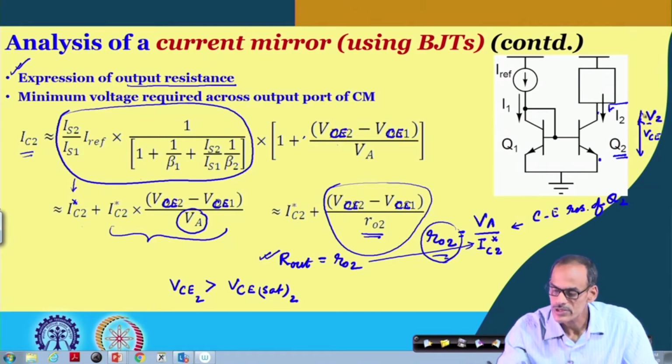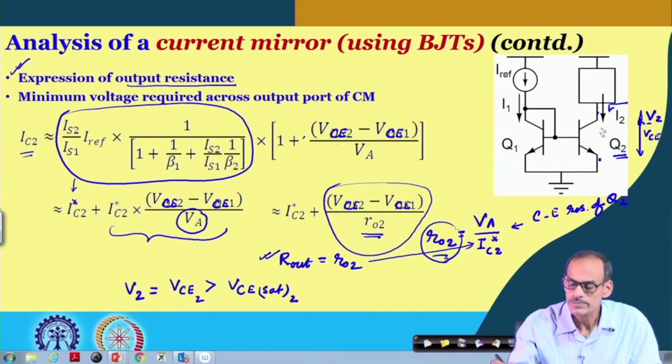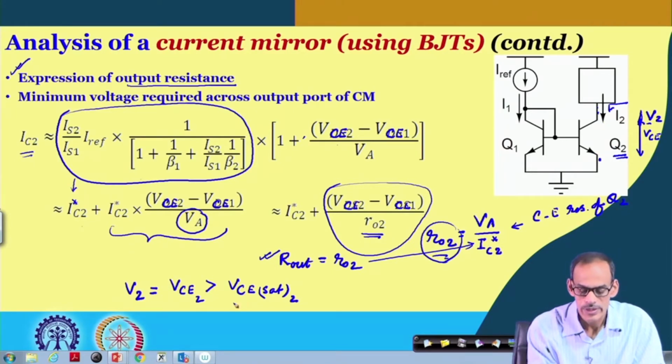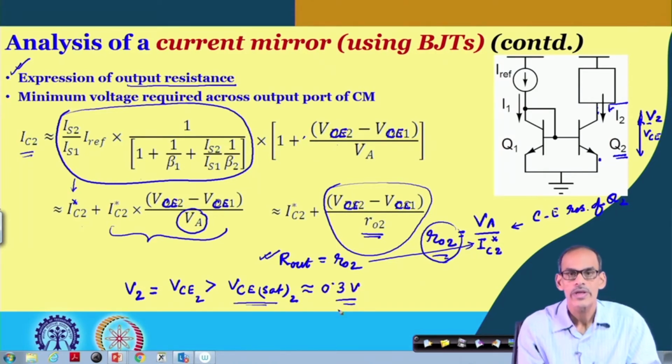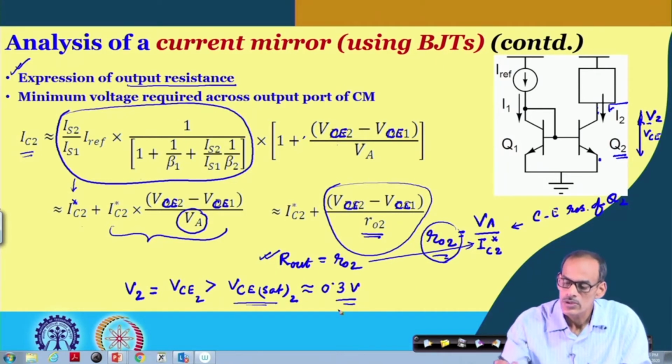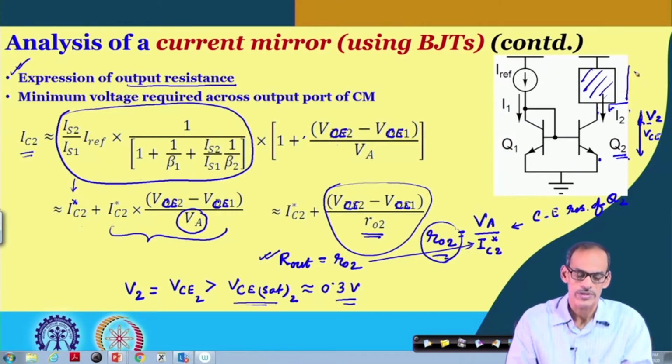So, this is the voltage here. The voltage across this current mirror should be at least this VCE sat. Typically, its value is 0.3 volt, so that may not be a difficult one. So, the application circuit, after deducting this minimum VCE sat, will have a very good possible range for its own operation. So, in that way you can say that this circuit is good.